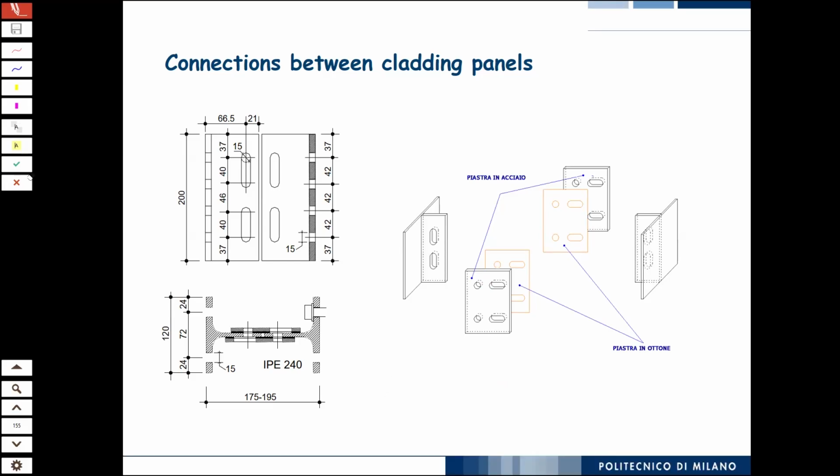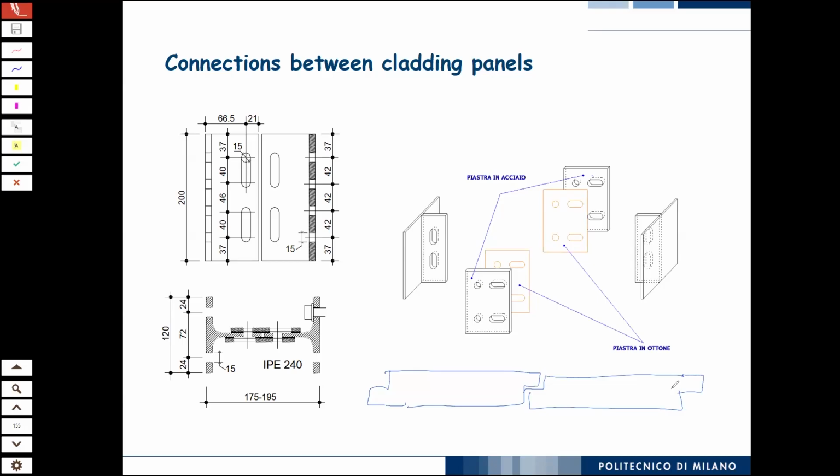They come in a shape like this, more or less, and this is looked at in cross section. You install them in a series, and then you also have to put some sealants here because you have to avoid that the rain goes through and so on.